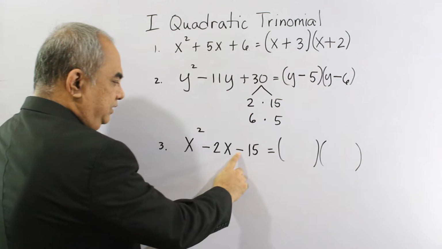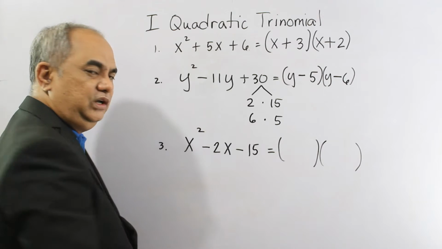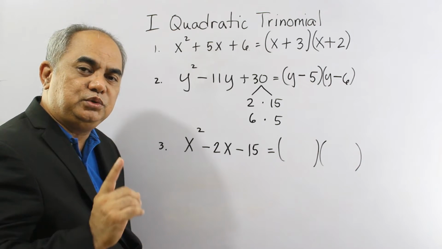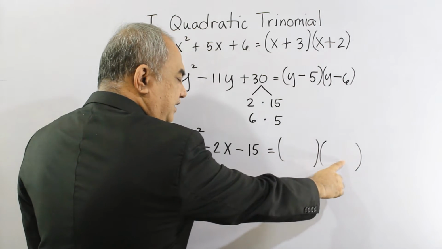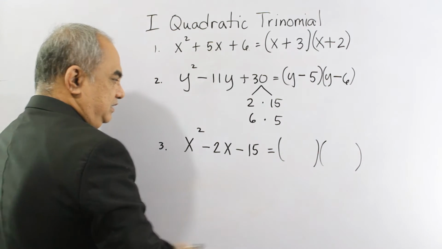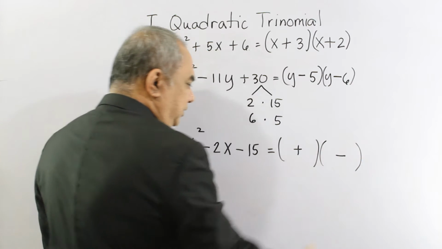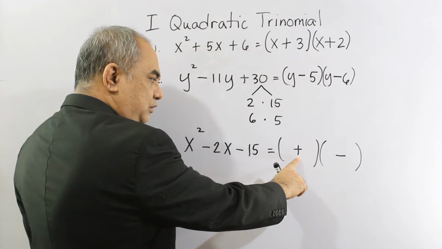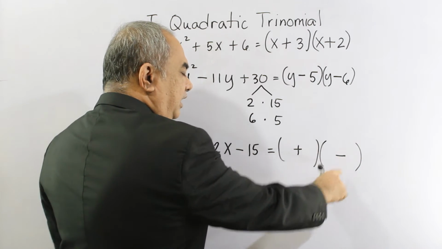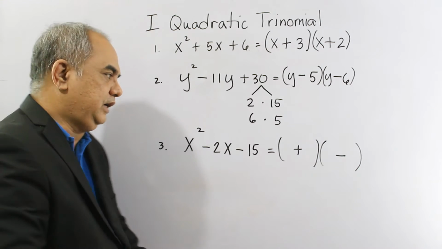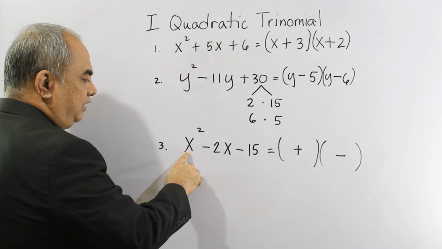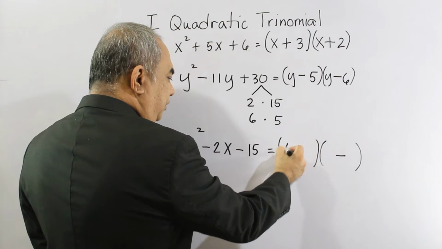Remember this, when the last term is negative, all you have to do is to write two different signs for the parentheses. So it could be one positive here or one negative here, or you write the negative here and the other one is positive. Okay? But just the same, the factor of x squared will be both x here.